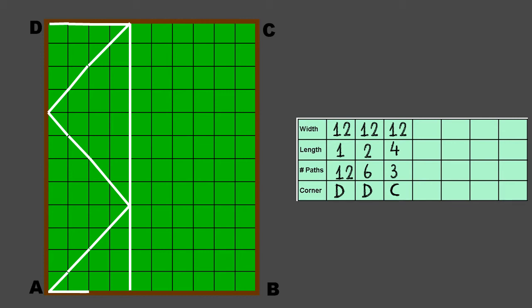But let's look at the numbers that we have here. We have a 12 by 1, I have 12 hits. I have a 12 by 2, and it hits the ball 6 times. And I have a 12 by 4 that hits the ball 3 times. Do you see any relationships there between the numbers? 12 divided by 2 is 6. 12 divided by 4 is 3.